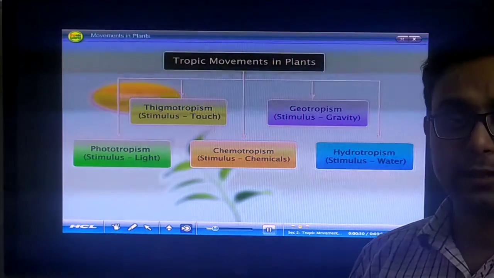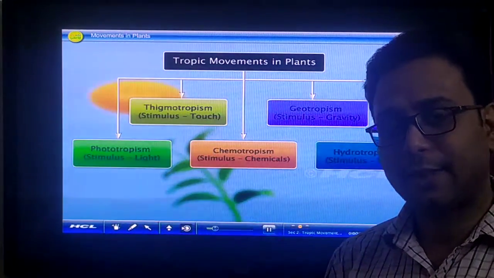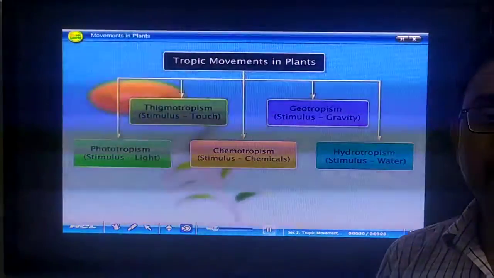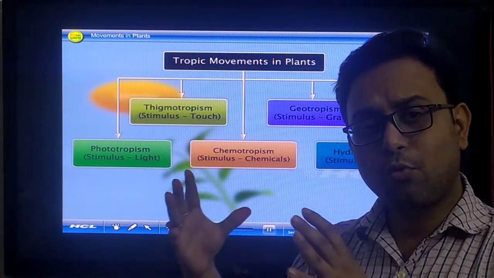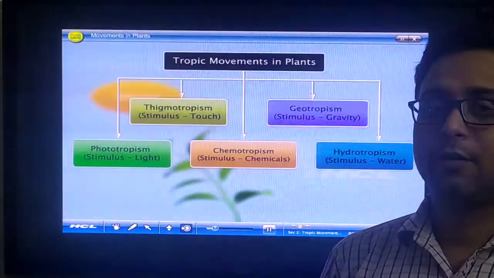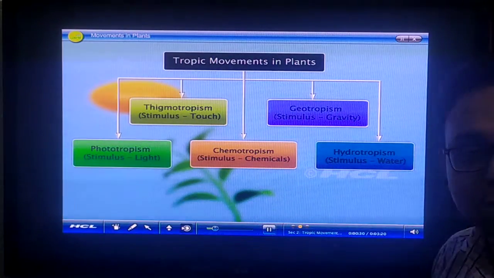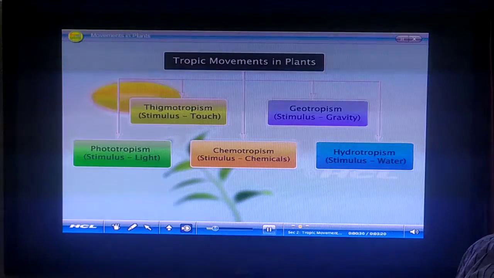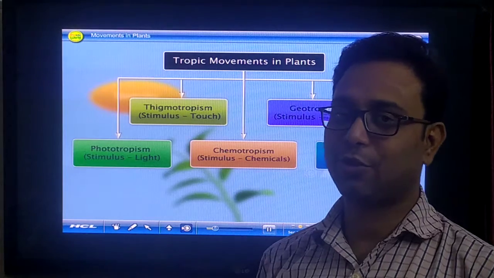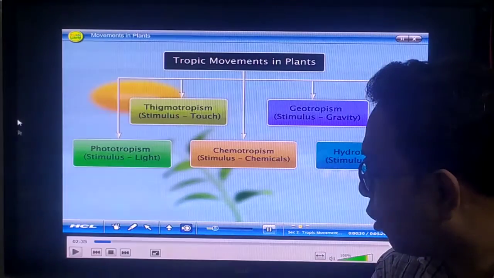When some chemical substance is involved in the movement of plants, that time it is called chemotropism. And here, hydro means water. Where the movement in plants is happening due to water, that time it is called hydrotropism. And when gravitational force acts as a stimulus, that time it is called geotropism. So one by one we discuss all of these things.